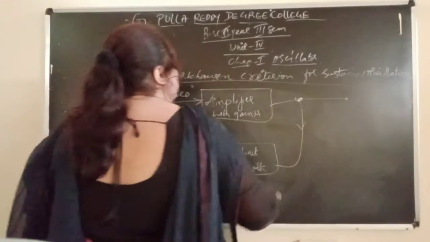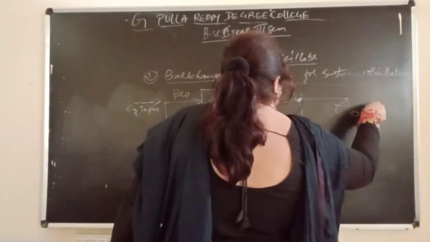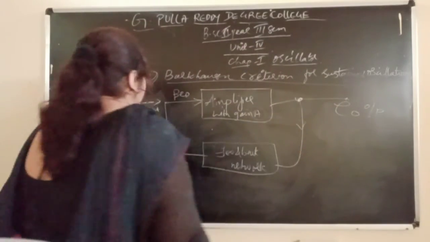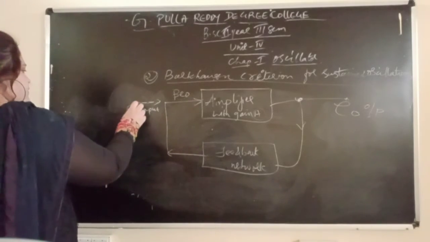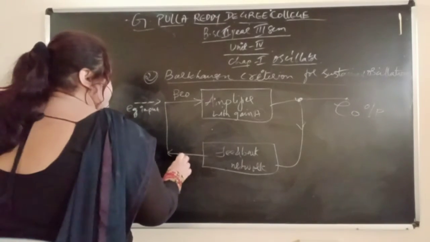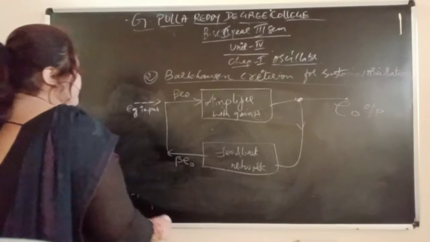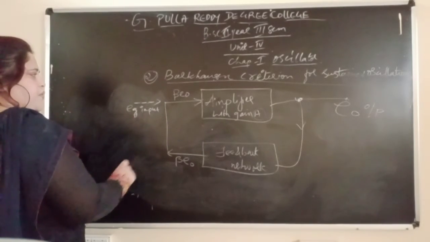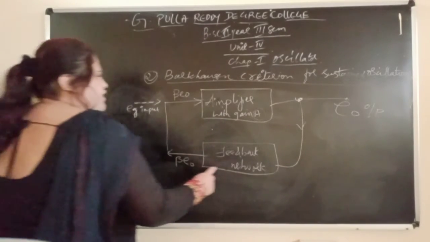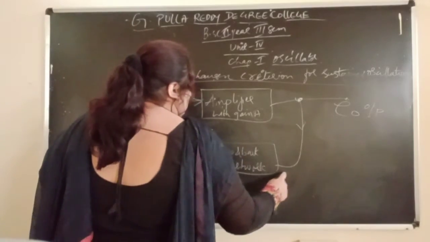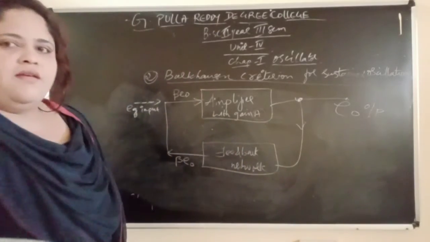Okay, this is E naught, the output. Here we have EG as the input and beta E naught as the output.